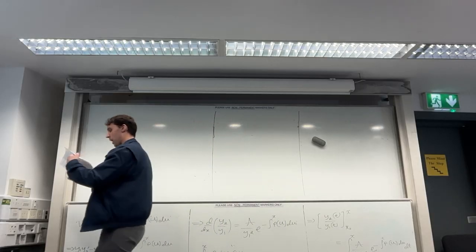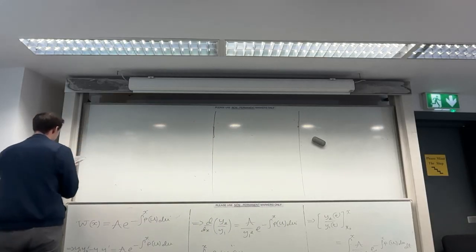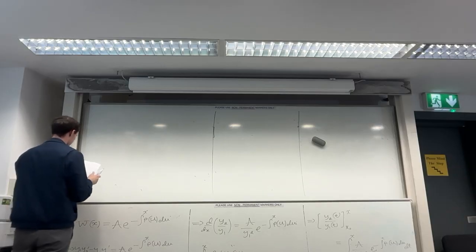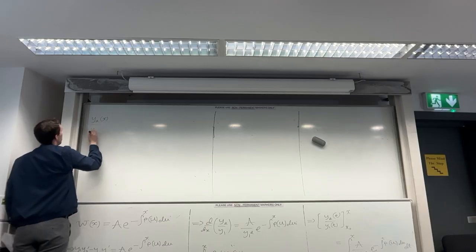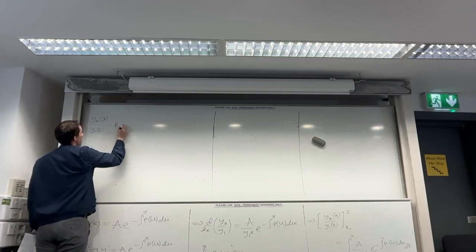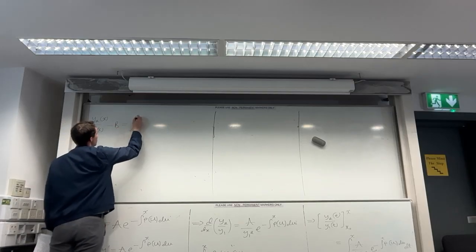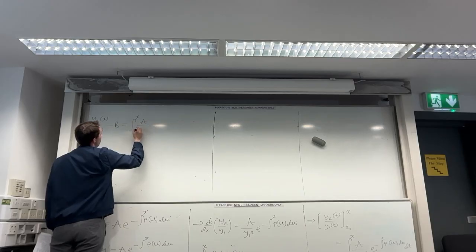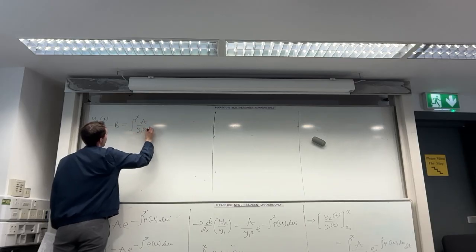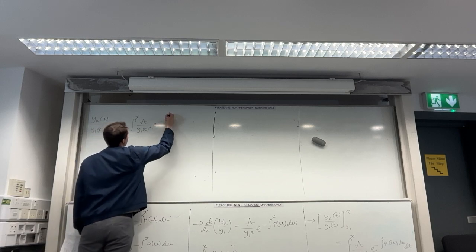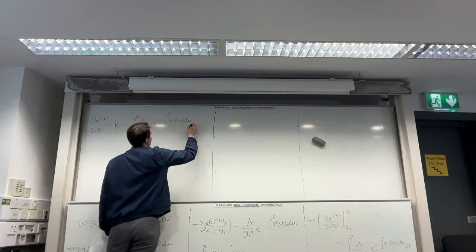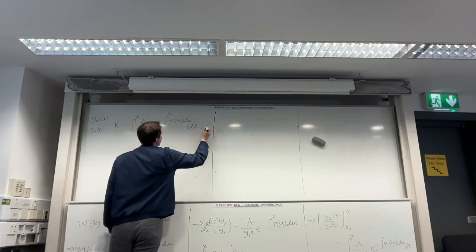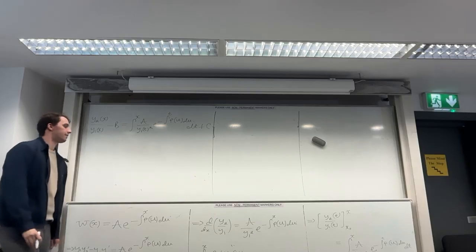I'll just transcribe the last equation we had: y2 of x divided by y1 of x, minus b, and then the integral to x of a over y1 of t squared times e to the integral to t of p of u du dt, plus c. And of course, a, b, and c here are constants.